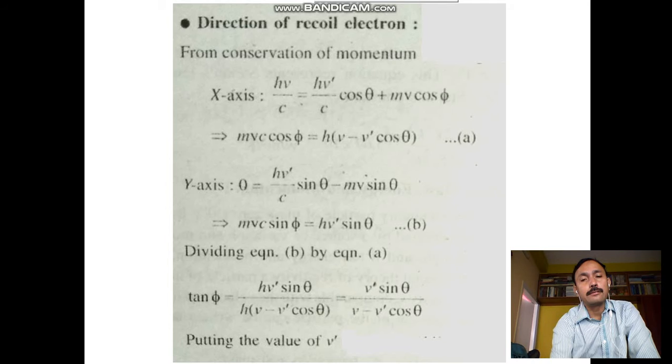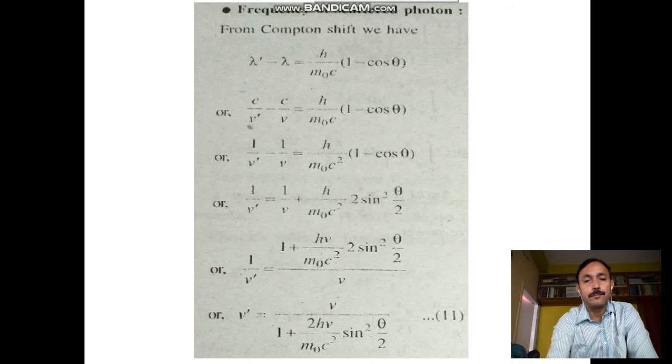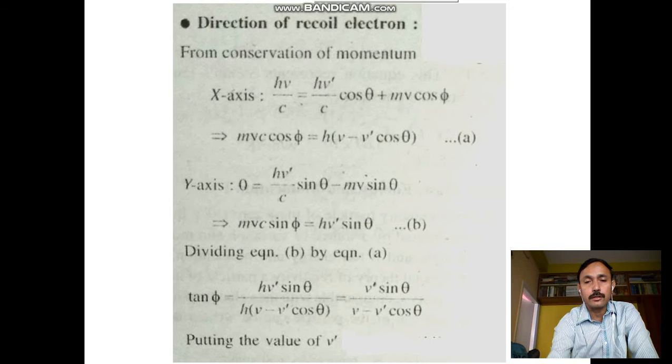So h will cancel out, and this is nu dash sin theta by (nu minus nu dash cos theta). Now putting the value of nu dash, which we have already derived, nu dash is equal to nu by (1 plus 2h nu by m0c square sin square theta by 2).